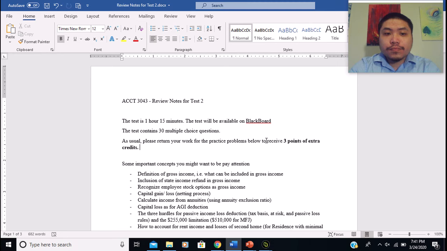With that being said, make sure that you have a stable internet connection during the test. Pick a location where you're gonna have the most stable internet connection possible, because technically I cannot give any redo tests.